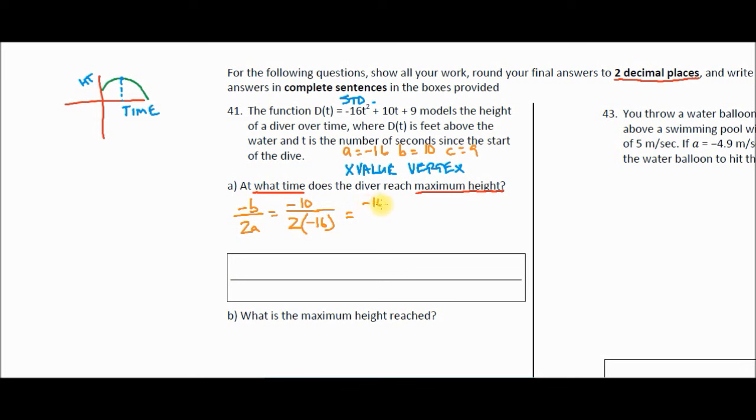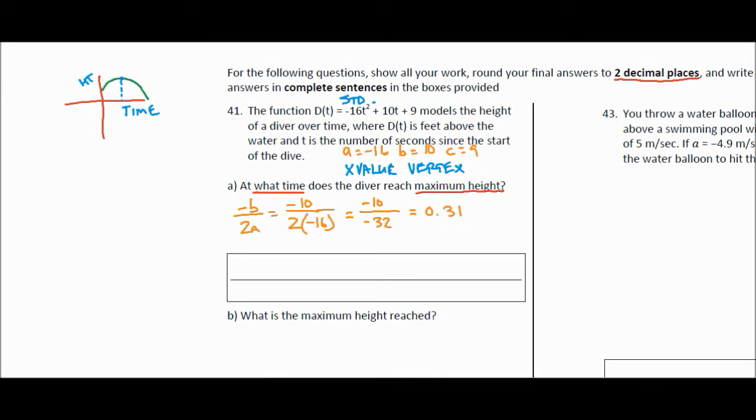I can do some of that multiplication in my head. That's negative 10 over negative 16. And now we're going to have to put this, sorry, I did that math incorrectly. It's negative 10 over negative 32. Put that in your calculator and you will get 0.31.